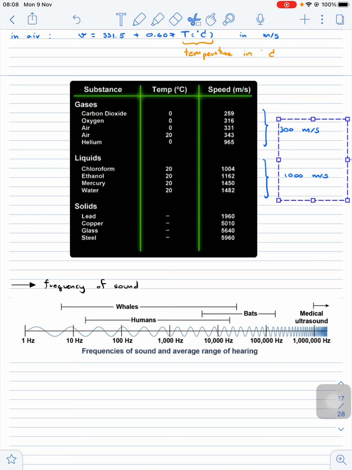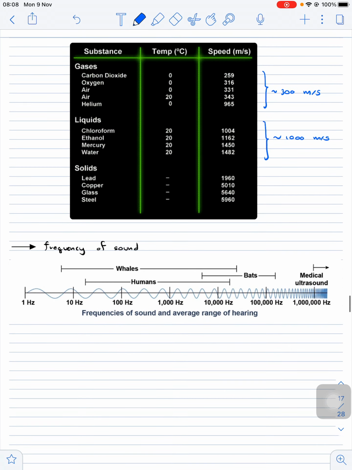So let me just write this down. About 300 and about 1000 meters per second. The speed of the sound wave in a solid is about 5000 meters per second. So that's going to be the order of magnitude of the speed of the sound wave in the different states of the substance.